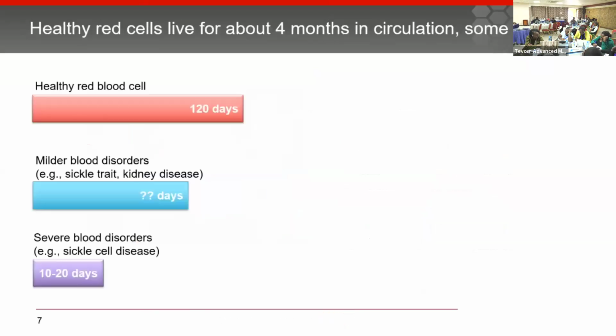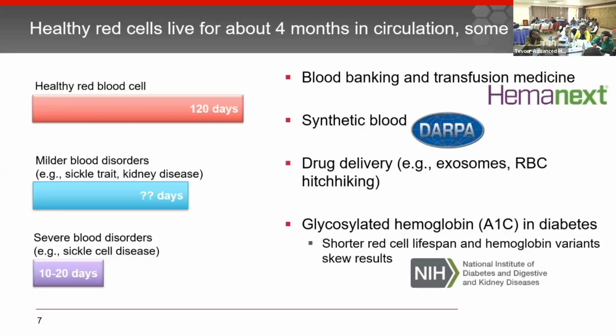The health of a red blood cell matters: just one red blood cell has a life cycle of 120 days. In certain conditions like sickle cell disease, the life of red blood cells is impacted, and they do not last for 120 days, but rather 20 days.